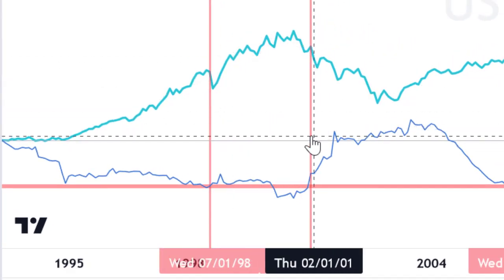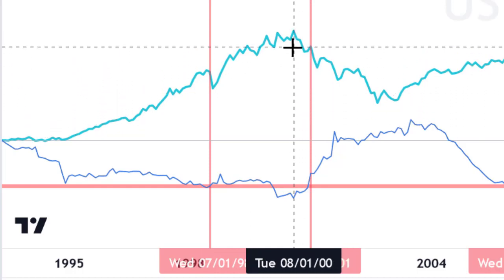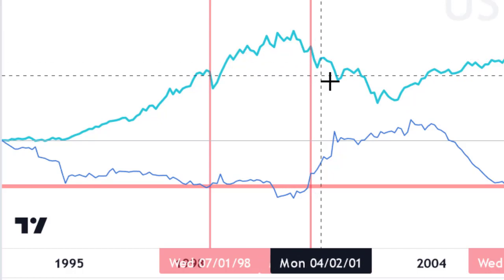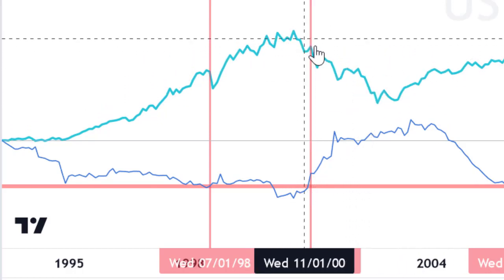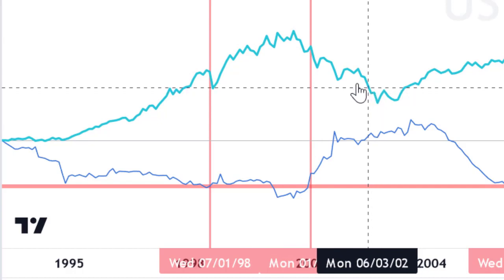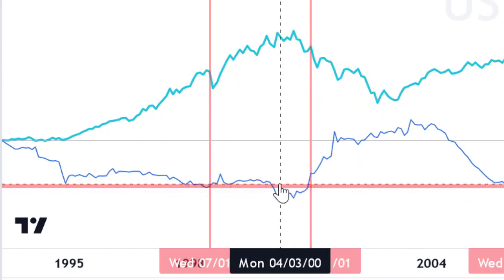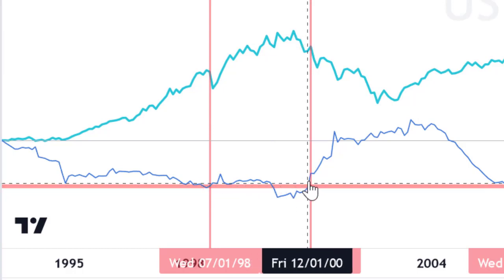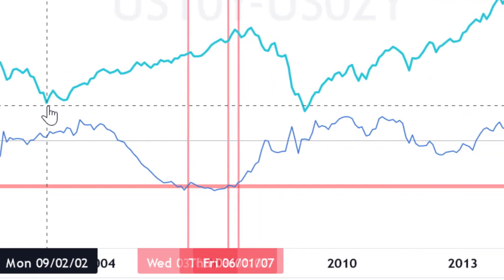You come here, and this is the 2000 technology bubble pop. That tech bubble pop had a significant drop to the downside. This inversion is seen here below the red line, and when we ticked higher, it dropped significantly.